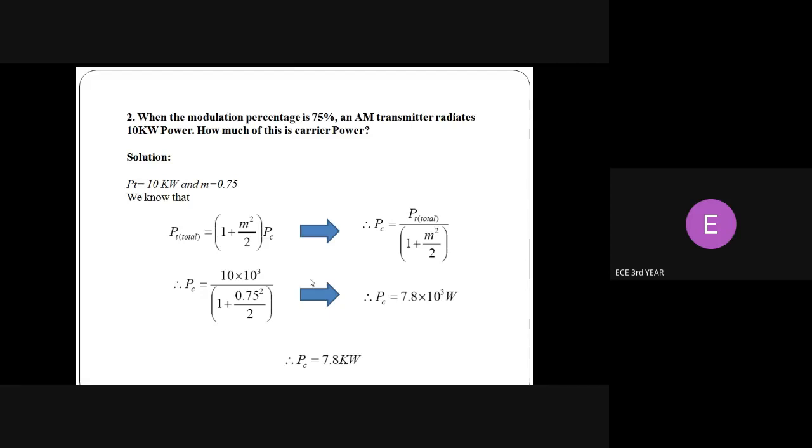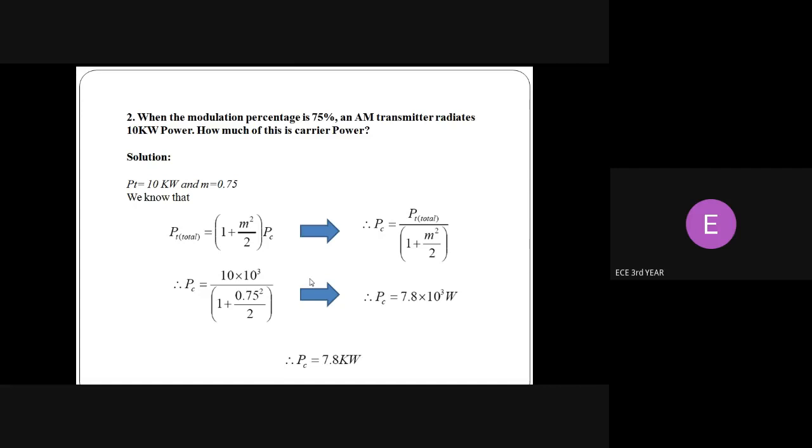When the modulation percentage is 70% and an AM transmitter radiates 10 kilowatt power, how much of this is carrier power? There are two powers: total power and carrier power. The entire power is indicated by the total power, and from that we want to measure the carrier power.